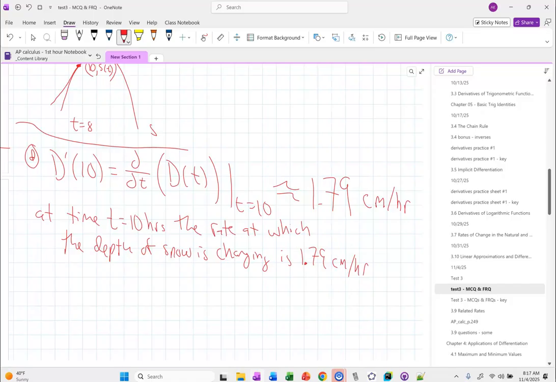Or something like that. Right, we've related everything back, everything has a unit attached to it. It's in the context of the problem. You use the word rate. I suspect those are the things that your AP grader would be looking for in this kind of a problem.